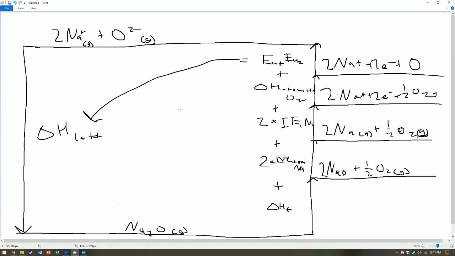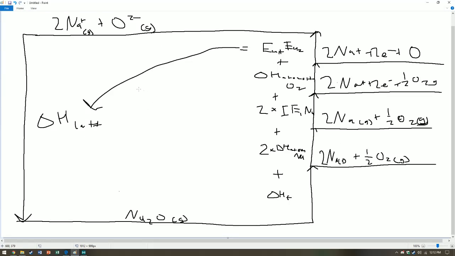And then I plug in my values that I'm given. I like to do things generally and then I put in the numbers. Let me just write this out here. Hang on. Okay, there it is. So formation enthalpy would be -416. I like to consider absolute values and then I consider sign.